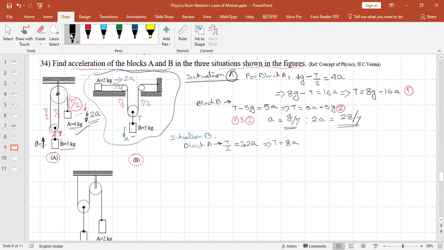And if we consider block B, the downward force here is 5g, minus the upward force, the tension T, is equal to mass 5 into downward acceleration A. So this is 5g minus T. Putting T equal to 8A in this equation, we find 5g minus 8A.